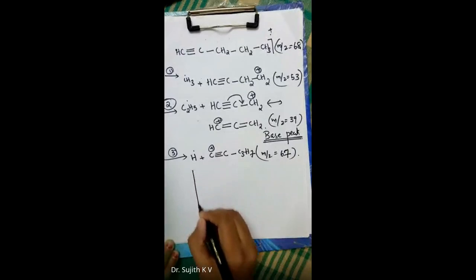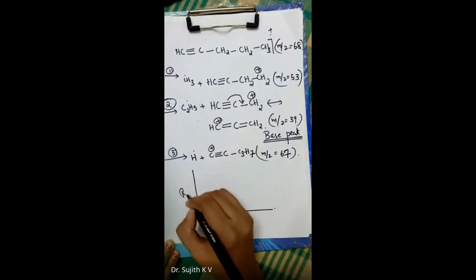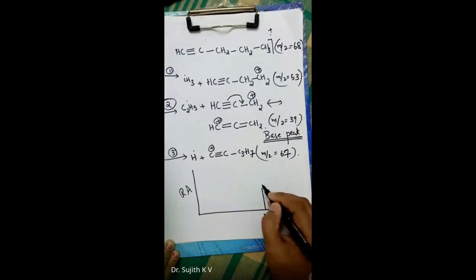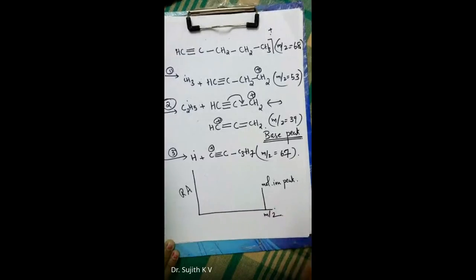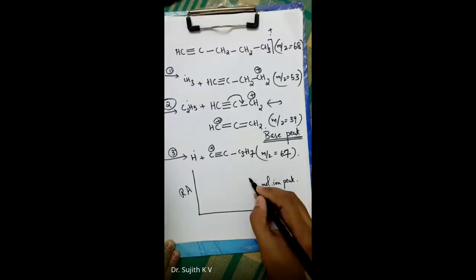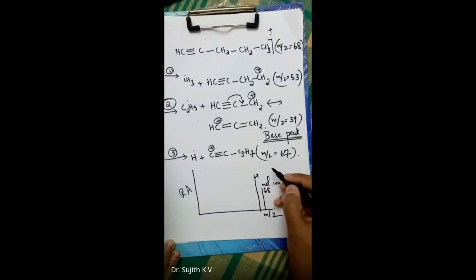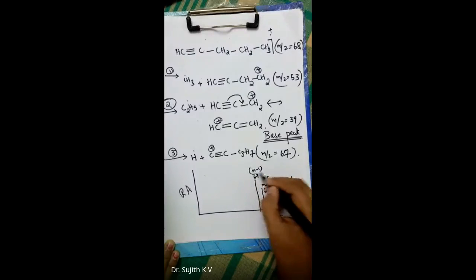If we draw the spectrum, it will be relative abundance against m/z value. This is the molecular ion peak. In the case of alkynes, there is a prominent molecular ion peak at 68, and the M-1 peak is also very much visible, just next to that one, at 67.